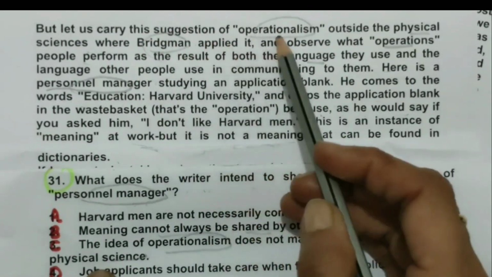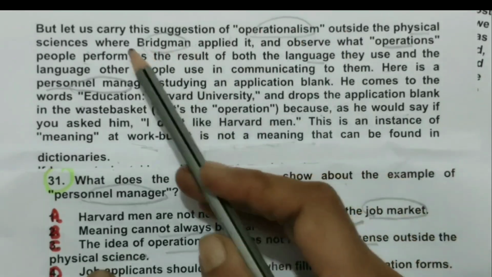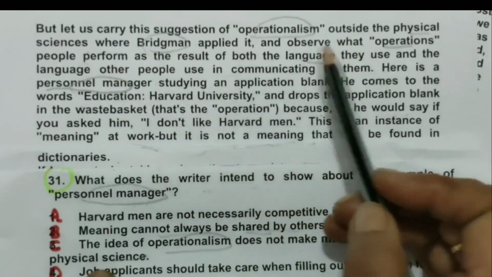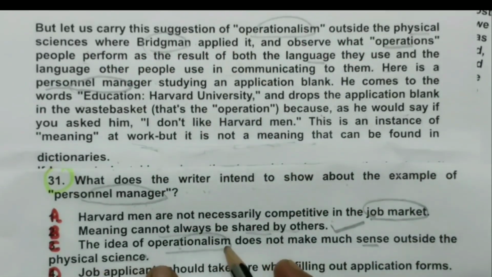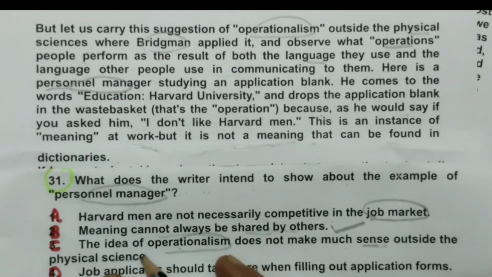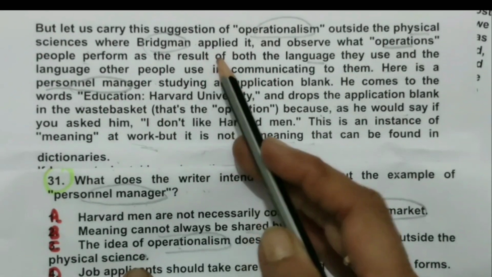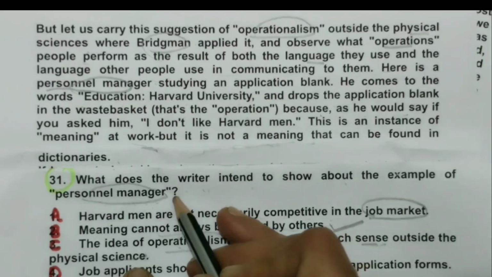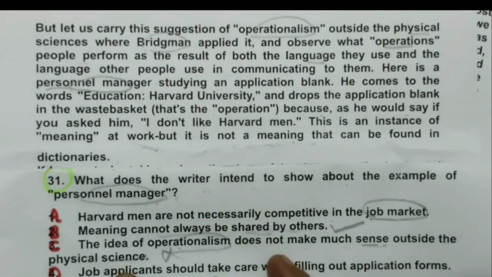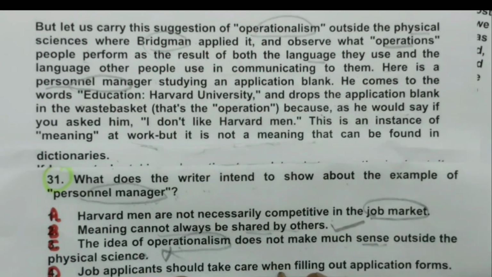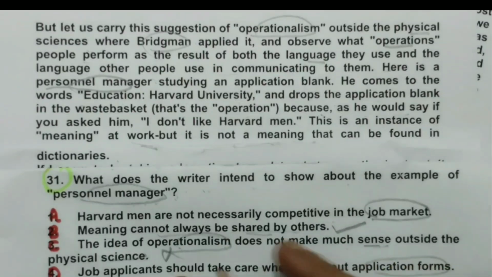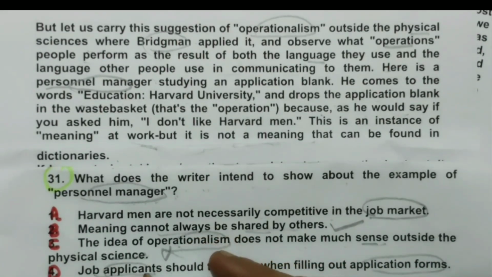Let us carry this suggestion of operationalism outside the physical sciences, where applied and observe the operation. The idea of this does not make much sense outside the physical. So this, but they are talking about personal manager, so I will not select it. Job applicants should take care when filling out application forms. So job application, I don't think so they are talking.